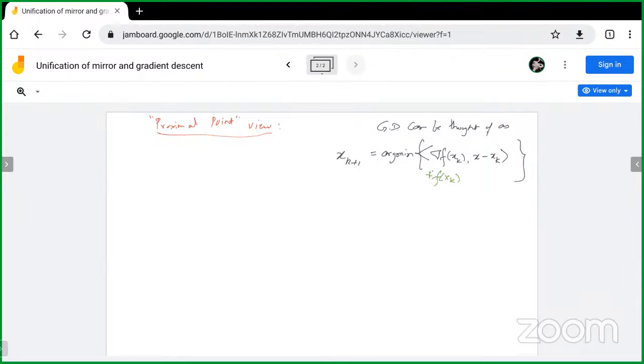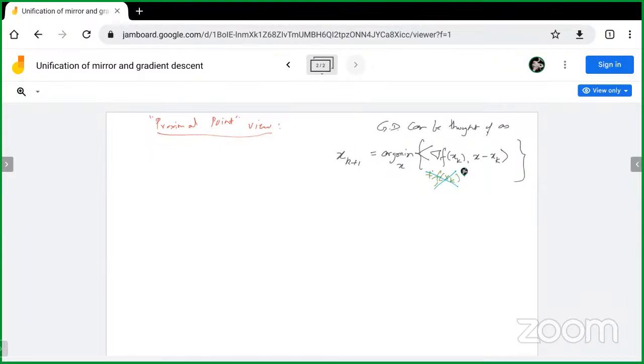So this argmin can take you very far from where you want to go. And this f of x_k is just constant, so I will just ignore this. And I will take argmin over x. And I will add what's called a regularizer. So I will try to prevent my x from going too far away from x_k.